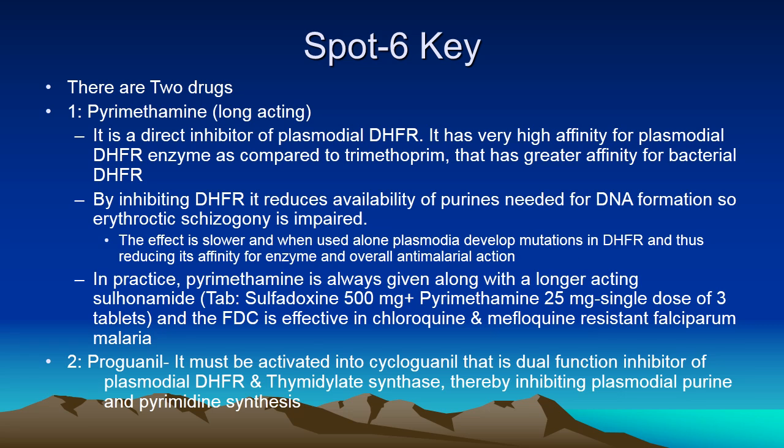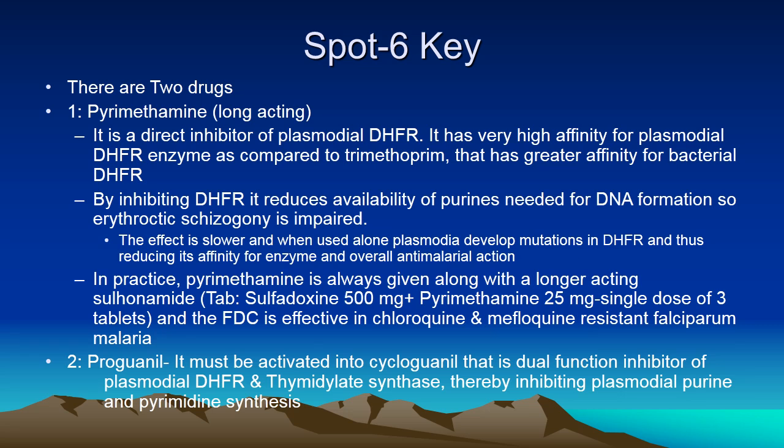By inhibiting plasmodial dihydrofolate reductase, it reduces availability of purines needed for DNA formation. Therefore, erythrocytic schizogony suffers. The effect is slower, and when used alone, Plasmodium develops mutation of the enzyme and therefore resistance develops. Therefore, it is rarely used alone.